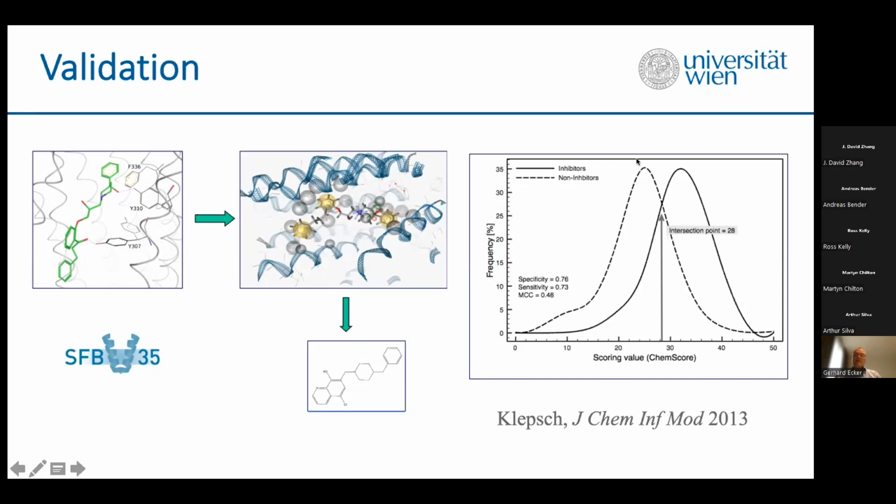And then here, you have the scoring values of the non-inhibitors and the scoring values of the inhibitors. You can take this intersection point and use that as a threshold for just classifying active, inactive. And with this model, we got a specificity of 0.76, which is not bad considering that you are docking in a protein like P-glycoprotein, which has not really a distinct binding site.